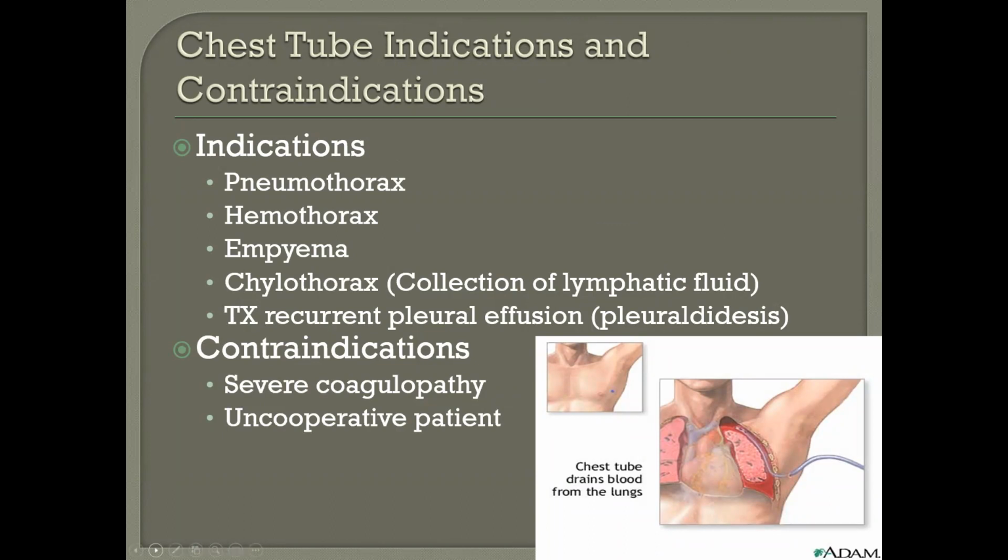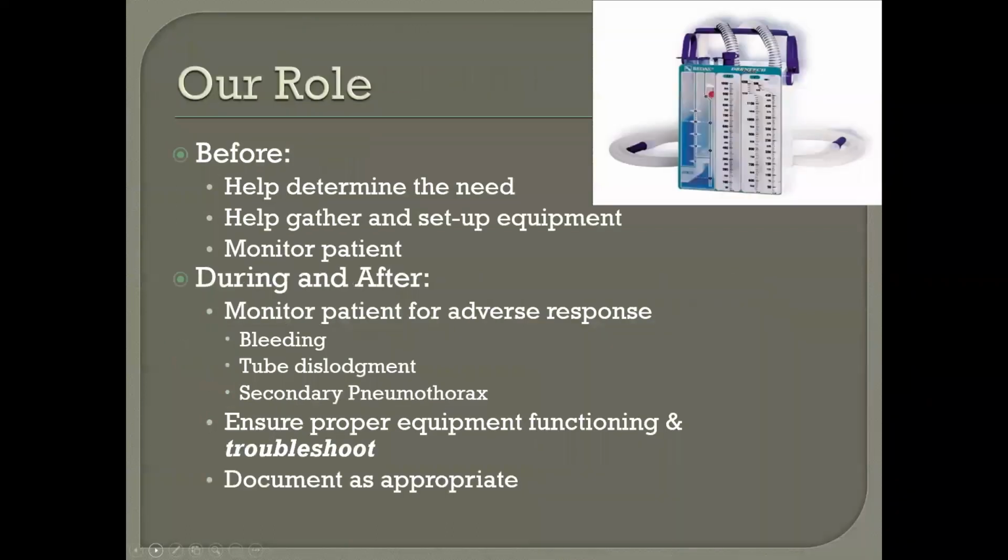Okay, if a patient has metastatic disease or just a primary cancer in the lung, they'll put a chest tube in, and they will pleurodese the patient, which is where they put in a talc solution. You're not curing the patient, but you're reducing the chance that the fluid will reaccumulate. Contraindications: severe coagulopathy and an uncooperative patient.